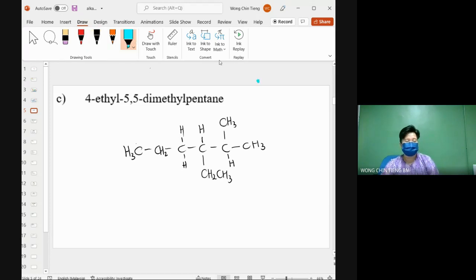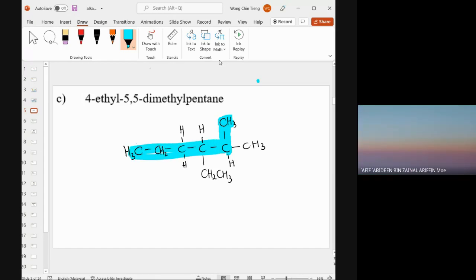So, my question. What is the longest carbon? 6. 6 carbon with how many substituents? 2. So 6 carbon with 2 substituents, I suppose is this. Okay. Sebelum tu, yang ni yang betul.